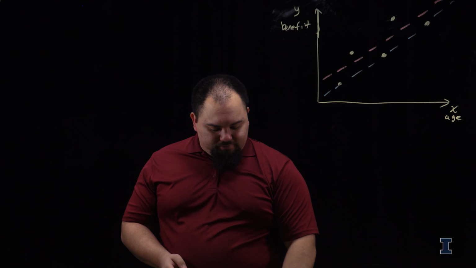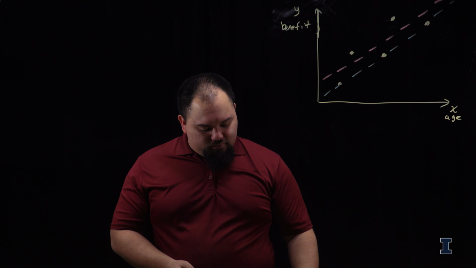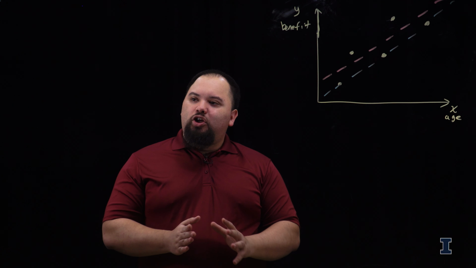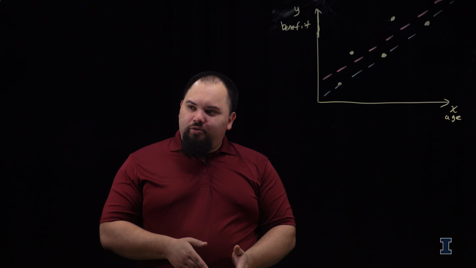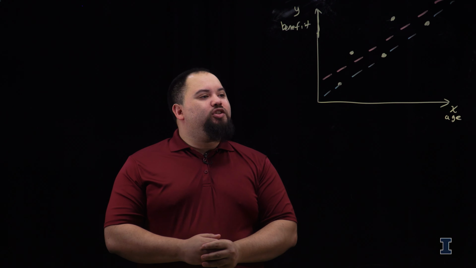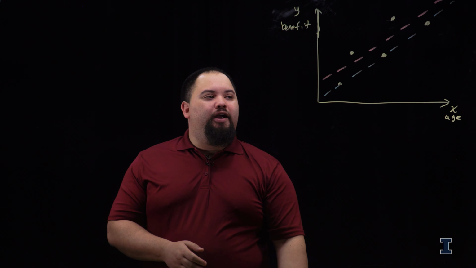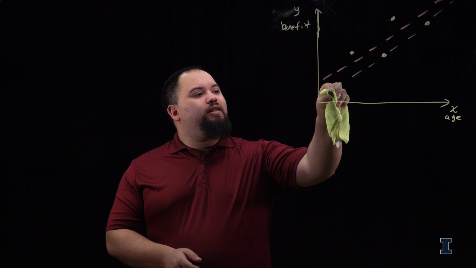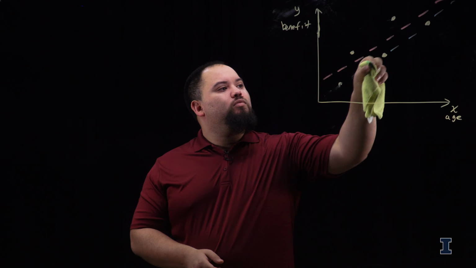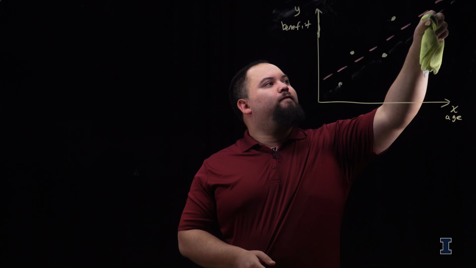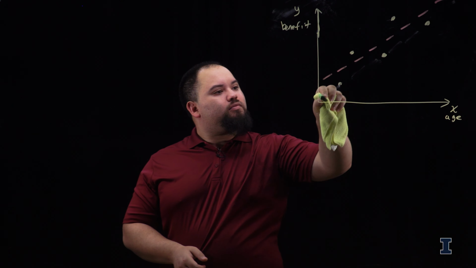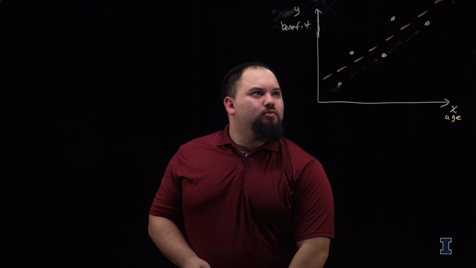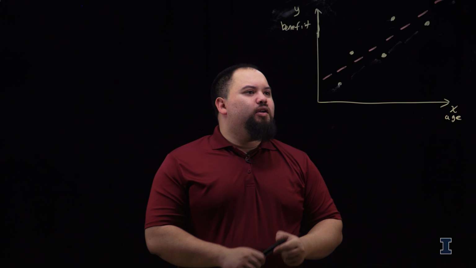So by that, what I mean is the distance from the actual point, if you drop straight down or go straight up until you hit the dotted line, or best fit line. So let me take away this bad line here and describe this distance.